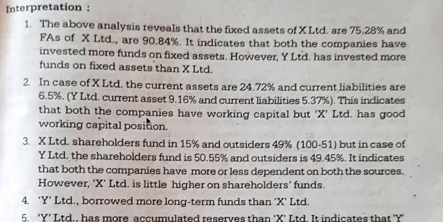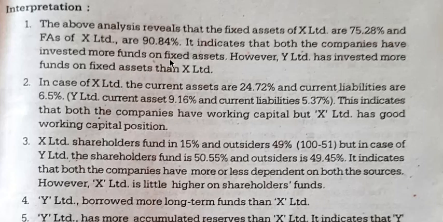Next, in case of X Limited, current assets are 24% and current liabilities 65%. This indicates both the companies have working capital. If the working capital ratio is more than 2:1, then it is considered good. So you can write it as a good working condition.